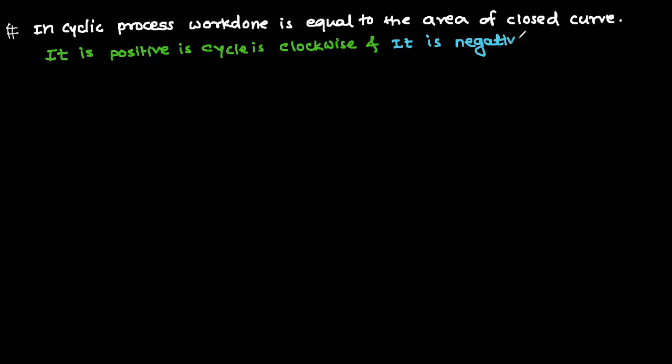It is negative if the cycle is anti-clockwise. Right? So let's see some examples with graphs. Okay, ready? So let's see the first graph. Suppose now the graph is like this.